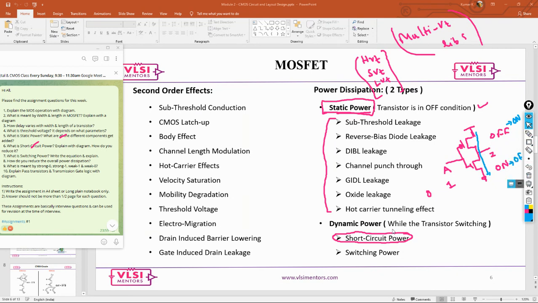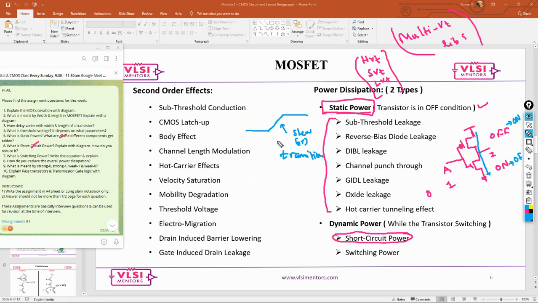So now how do you reduce it? Remember, the short circuit power can be reduced, but when would the short circuit power be high? There is something called transition, or what we call slew.